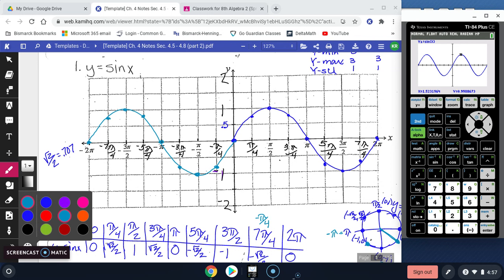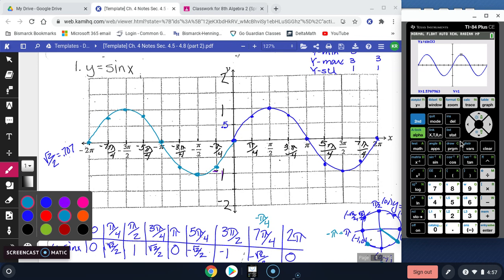Now I can choose a specific value. Like here, this high point is at pi over 2. So I can type in pi divided by 2. As soon as I hit enter, it'll change it to a decimal, but it will go to that spot, and you can see we're at 1.